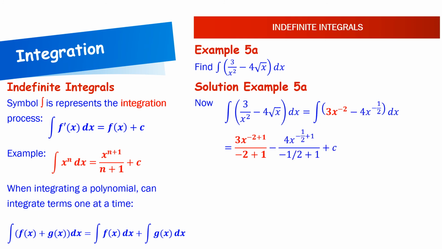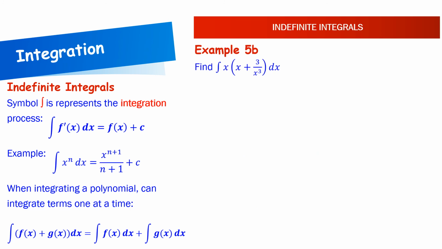And integrating gives us 3x to the minus 2 plus 1 divided by minus 2 plus 1, minus 4x to the minus a half plus 1 divided by minus a half plus 1 plus the constant. And tidying up, and tidying up some more, gives us minus 3x to the minus 1 minus 8x to the half plus c.